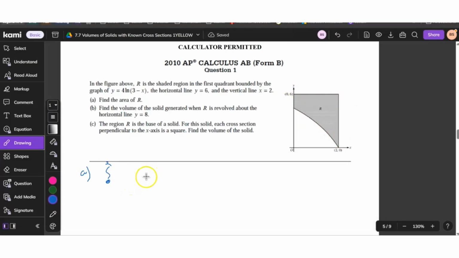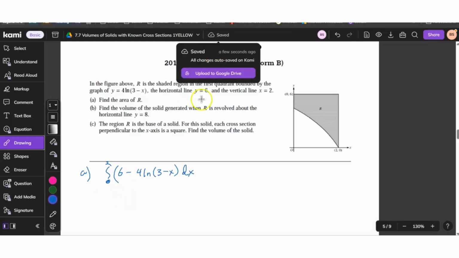Amazing. Which one's on top? The line 6, right? So it's going to be the integral of 6 minus 4 ln of 3 minus x dx. There's no cross sections or anything yet. It's just find the area. Okay. So that would be my area. Technically we could try to do this one by hand, but it says calculator, so let's not.